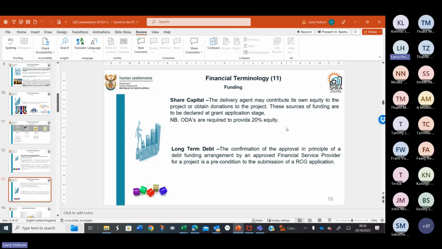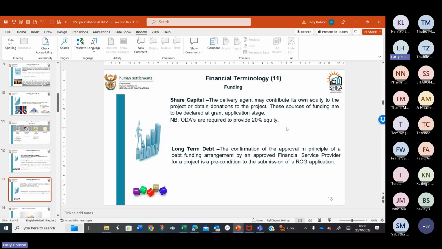But the private sector, the ODAs or other delivery agents, will quite often be people already engaged in property development, or they might be startups, but they will be asked to put in 20% of the development value as project equity.